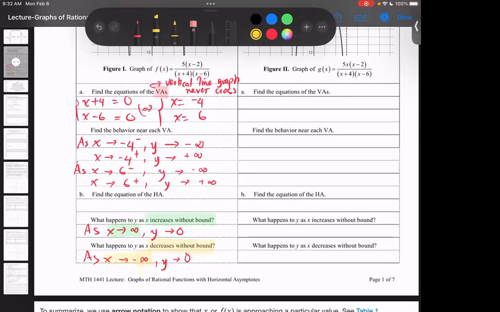So what does it tell you? It tells you that this behavior, when x is increasing or decreasing without bound, y approaches 0. And this behavior creates the horizontal asymptote. So we conclude that because it's approaching the same thing, the horizontal asymptote is y equals 0.